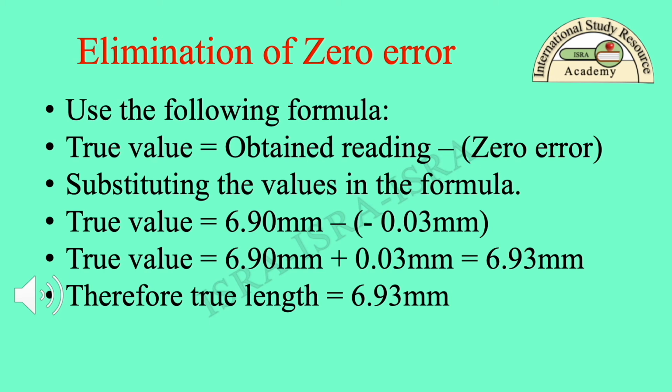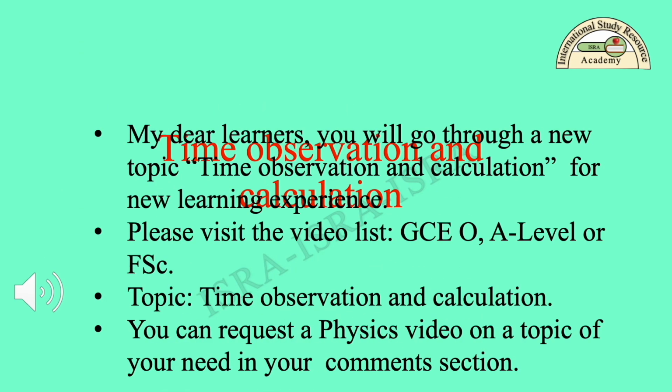Substituting the values in the formula, true value is equal to 6.90 mm minus within bracket minus 0.03 mm. True value is equal to 6.90 mm plus 0.03 mm is equal to 6.93 millimeter. True value is equal to 6.93 millimeter.